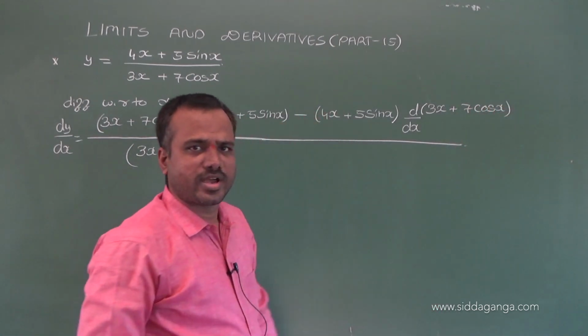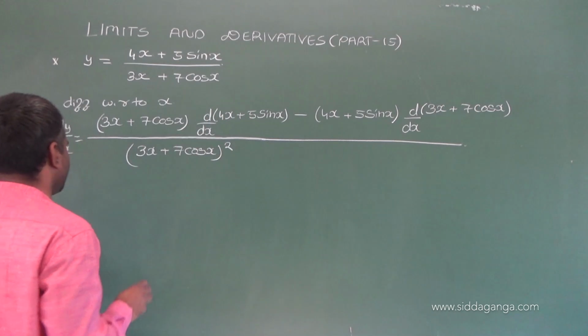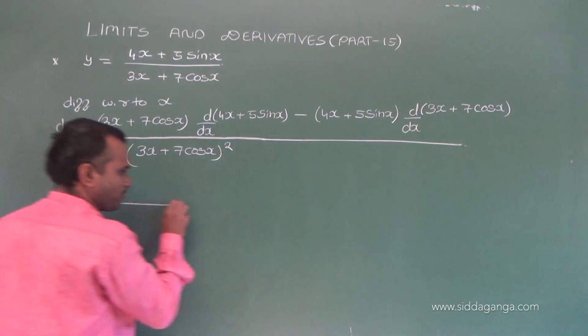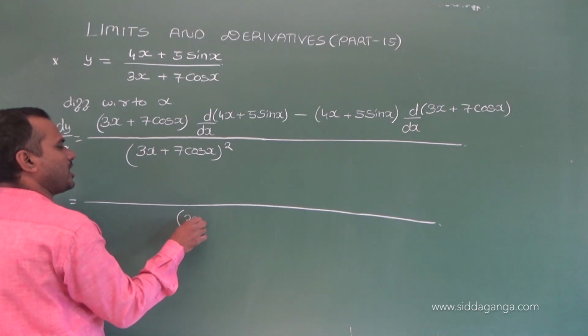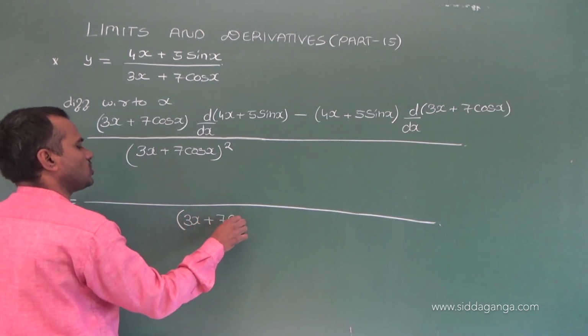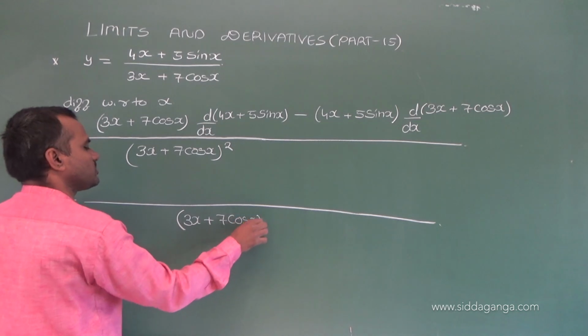Correct. The denominator is 3x plus 7 cos x whole square. We write it as it is.